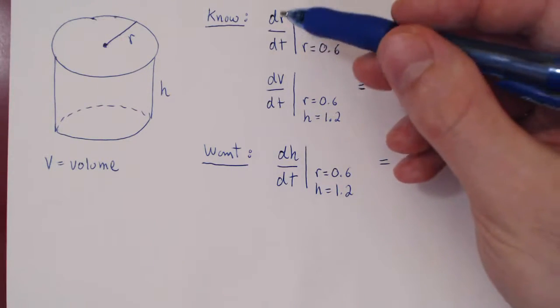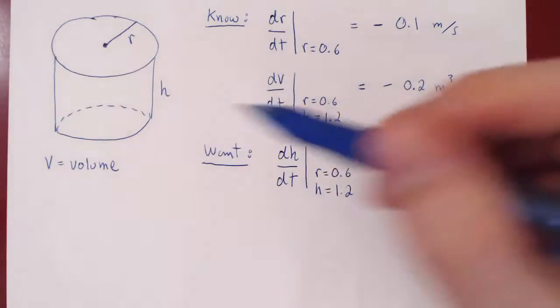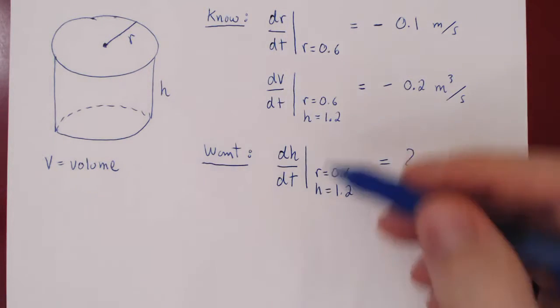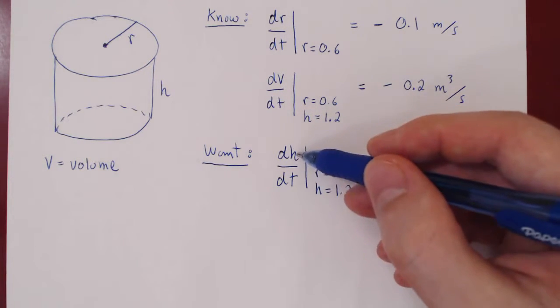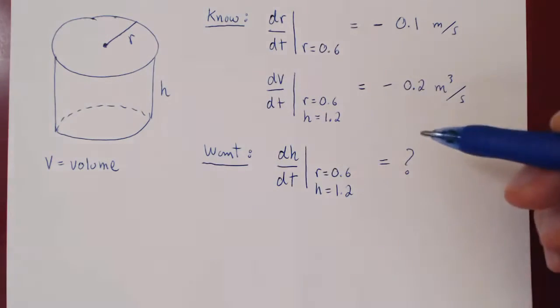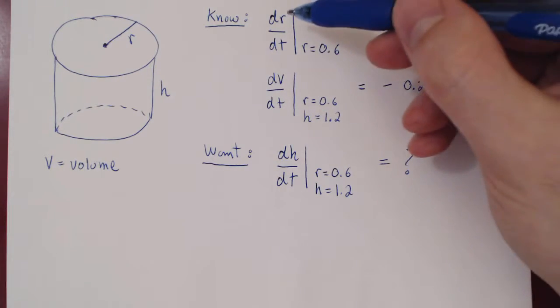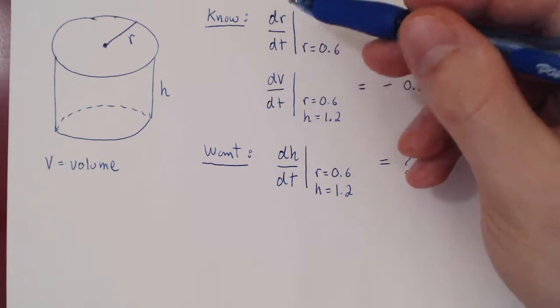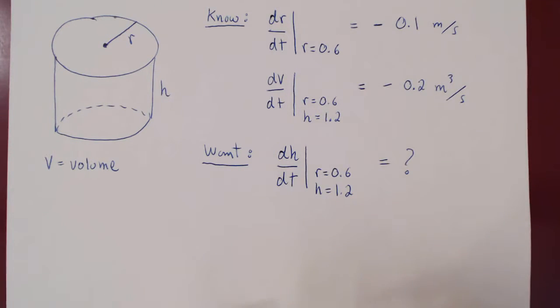We know the rate of change of r, the radius, and the rate of change of the volume of the cylindrical bale of hay, and we want the rate of change of the height of this bale. So we have to relate the height with the volume and the radius of the bale.